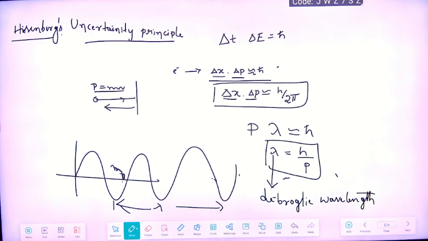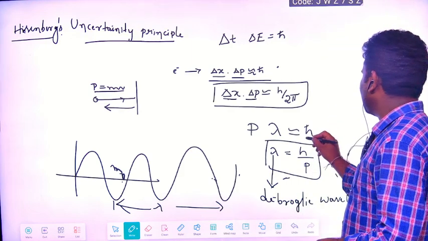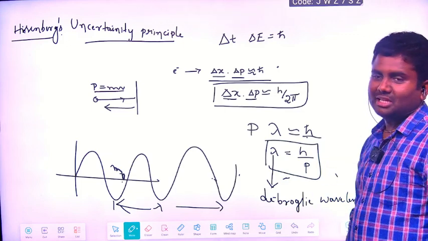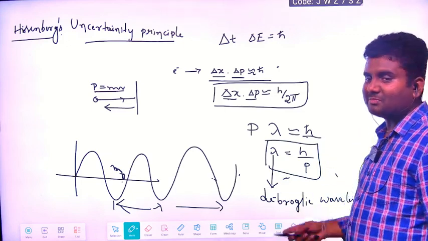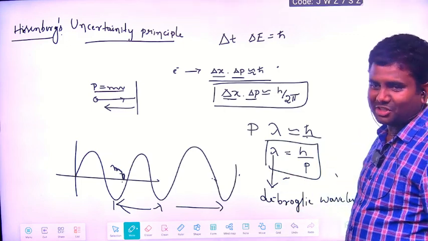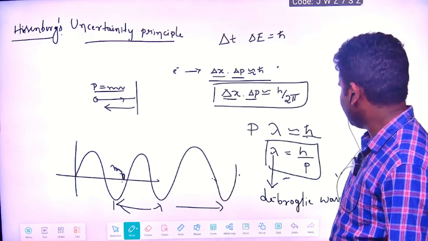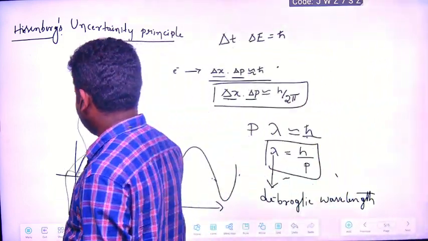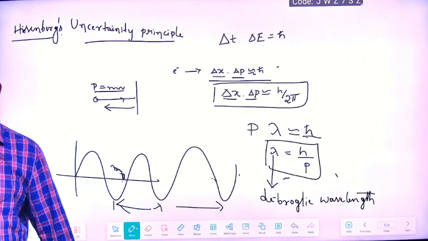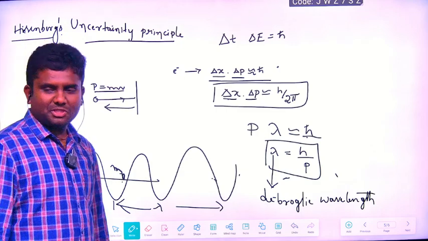Understood? A particle also behaves like a wave, and a wave also behaves like a particle, with a value h or h cross, which is 6.625. This is Planck's constant. Understood? It's Planck's constant. Shall I take the next page?